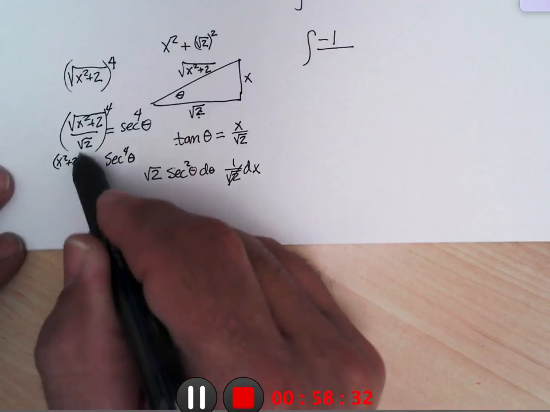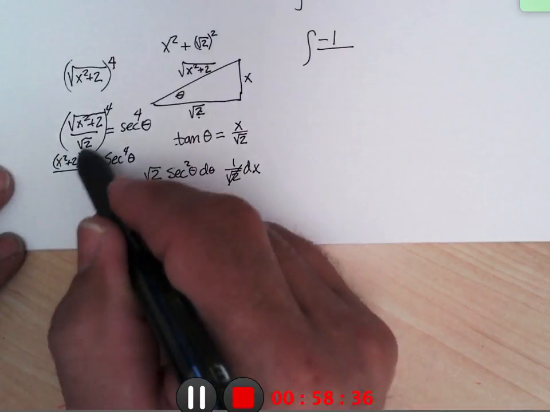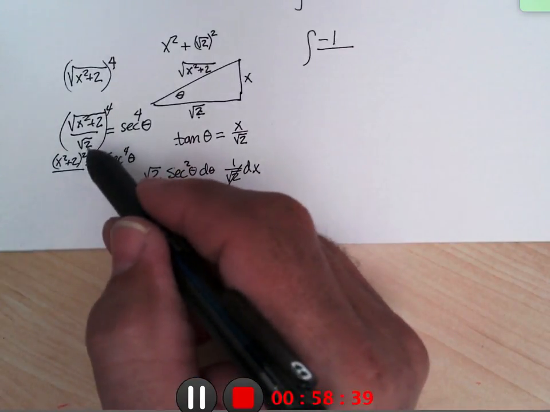squared, and the denominator would be square root of 2 times square root of 2 times square root of 2 times square root of 2, which is 4.